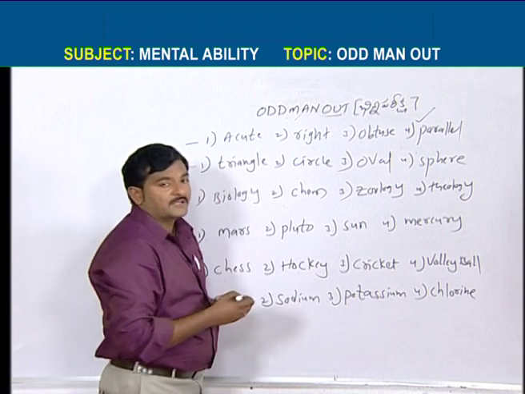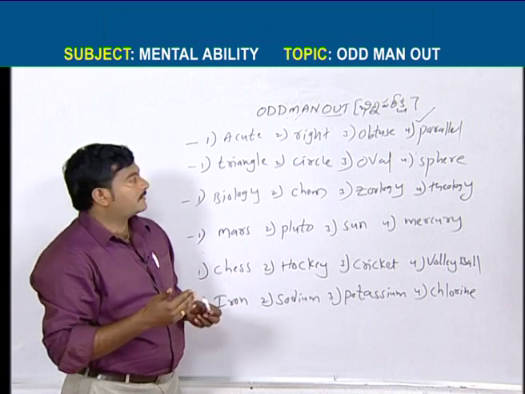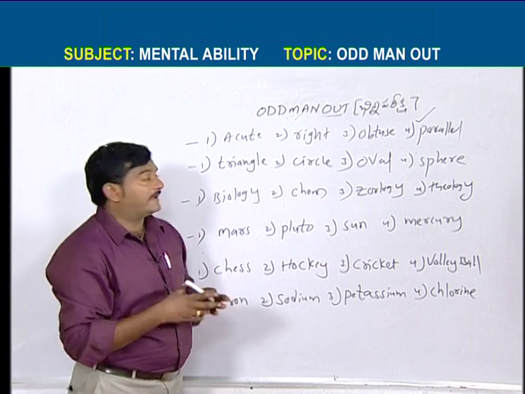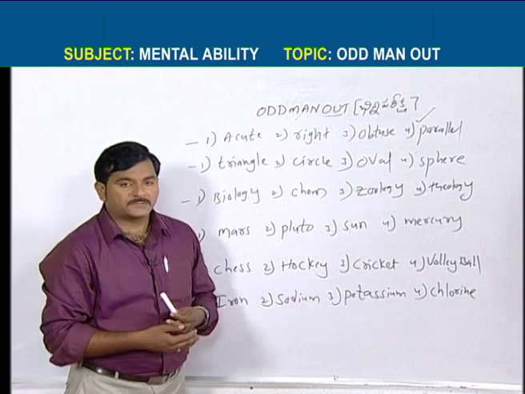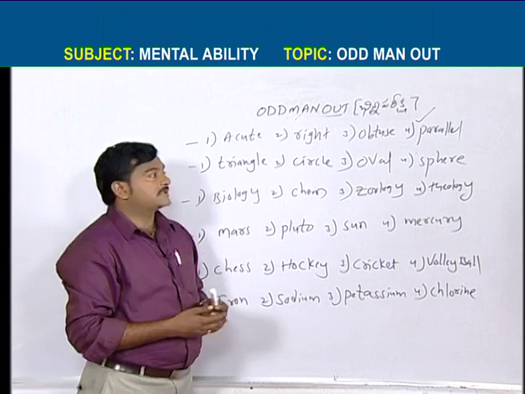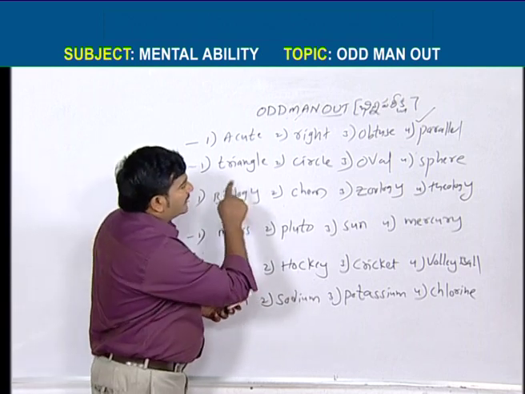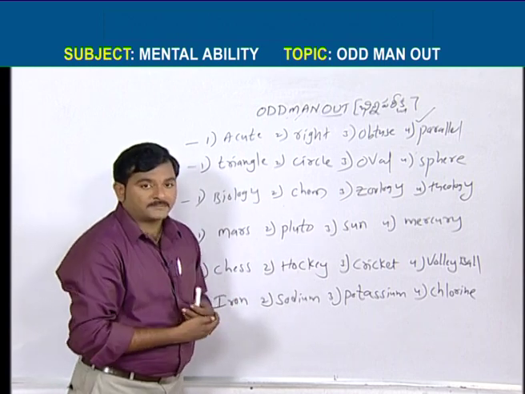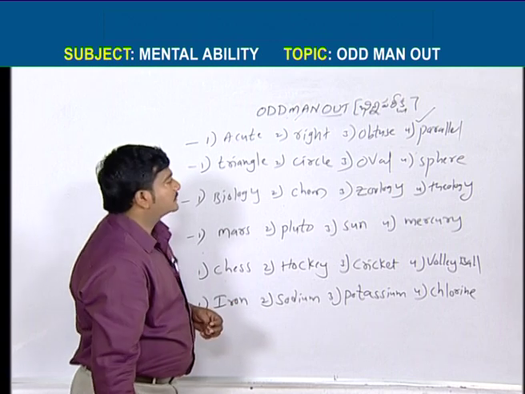The remaining three are types of angles: right angle, acute angle which is less than 90, and obtuse angle. Parallel is not related to angles. That's why the answer is the fourth option.